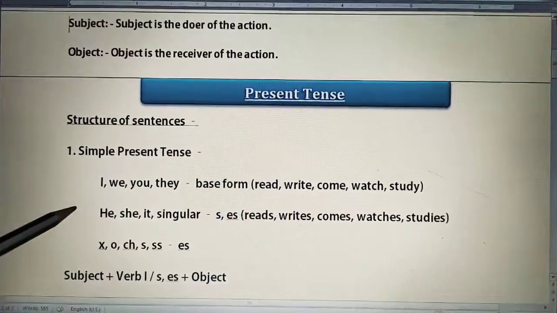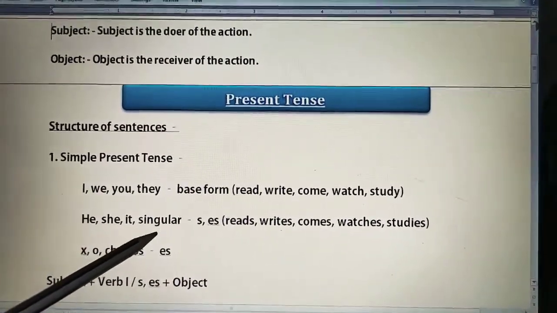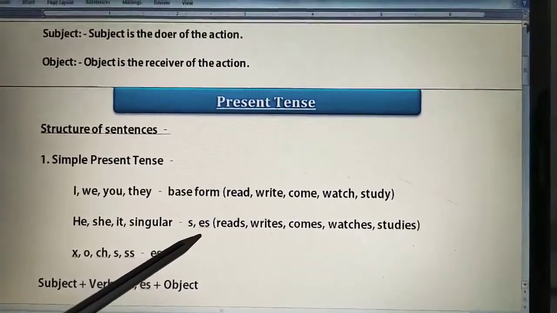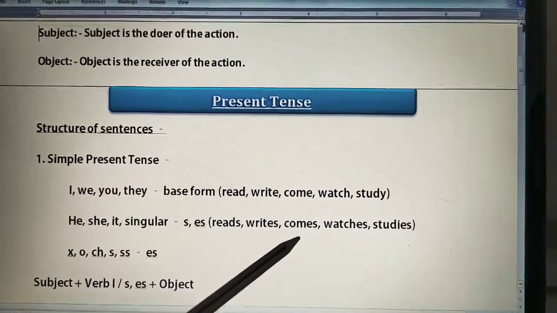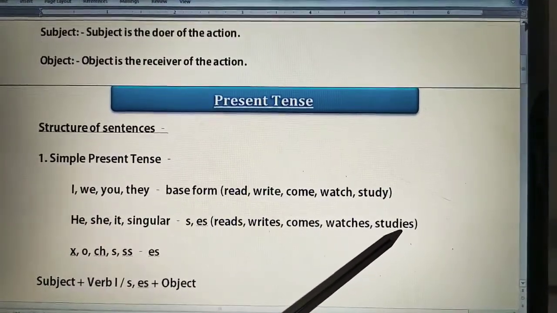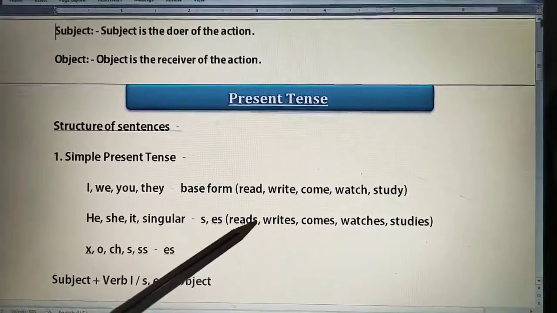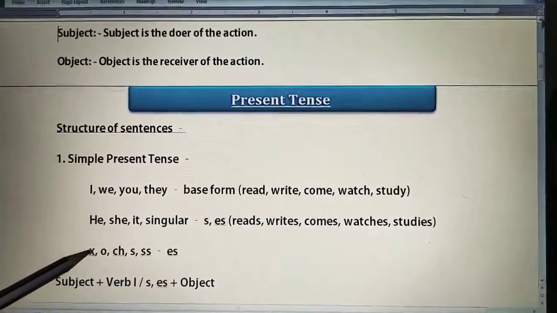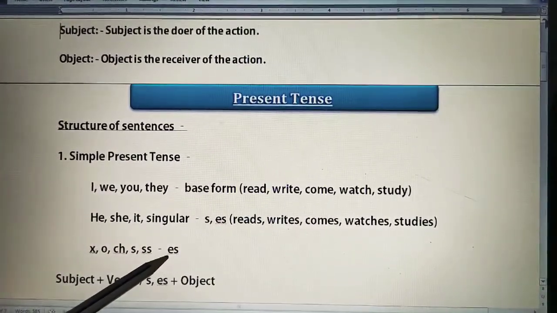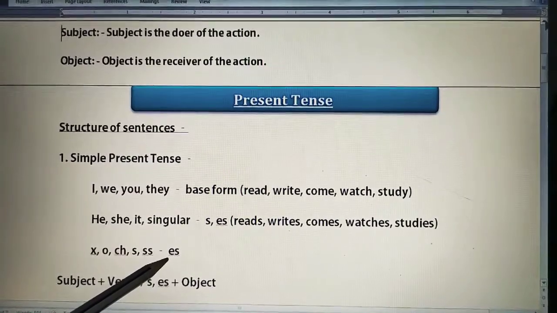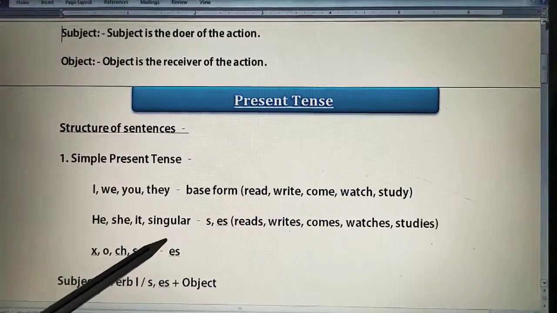With third person singular subjects like he, she, it and singular, we will use s and es. Examples: reads, writes, comes, watches, studies. If the verb spelling ends with x, o, ch, s and double s, we will put es after the verb if we have to use it with third person singular subjects.